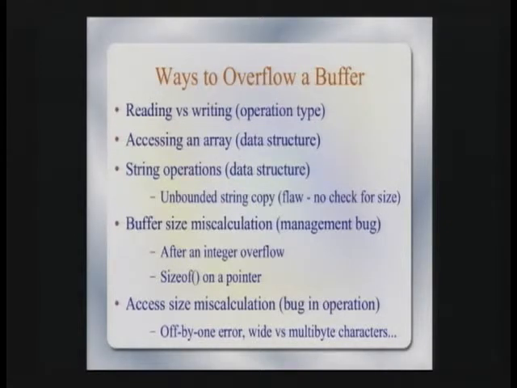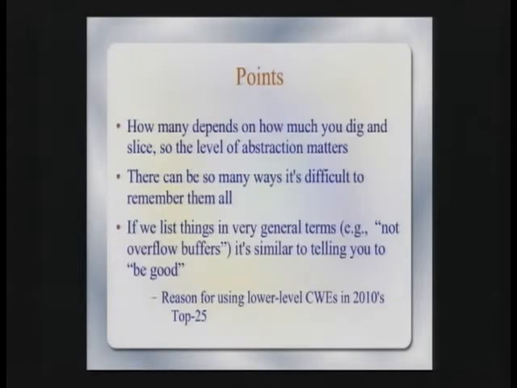So there are many aspects from which you can look at a weakness. So the level of abstraction matters. There can be so many ways for some types of weaknesses that it's hard to remember them all.